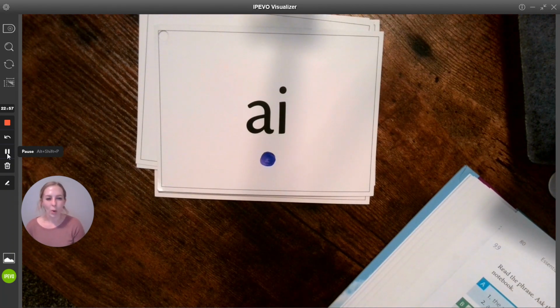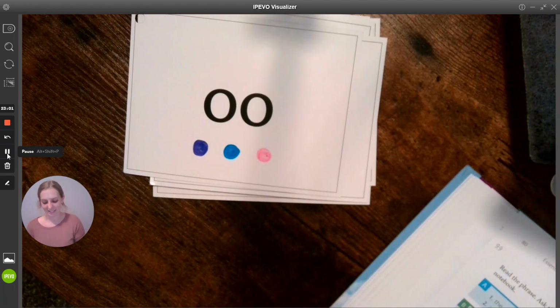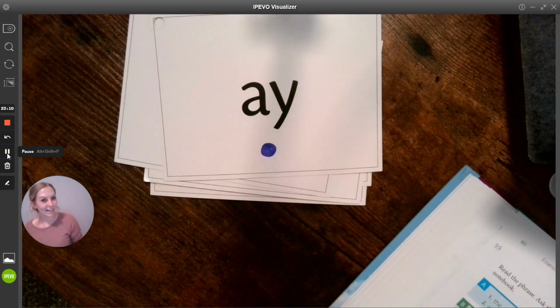Oo, o. A, 2-letter A, that may be used at the end of English words. Oi may not be used at the end of English words.